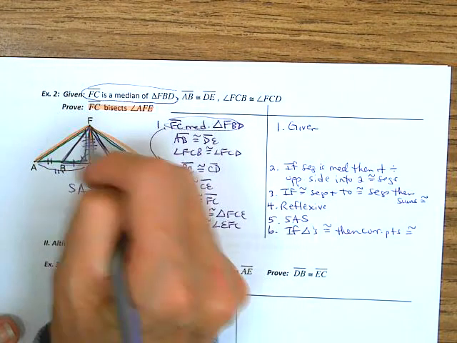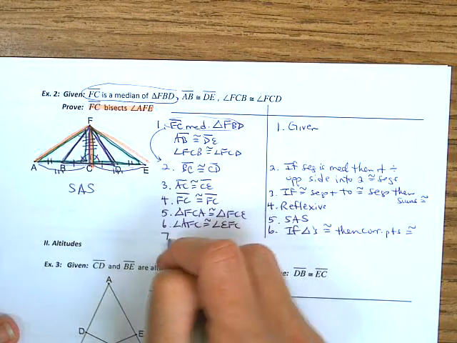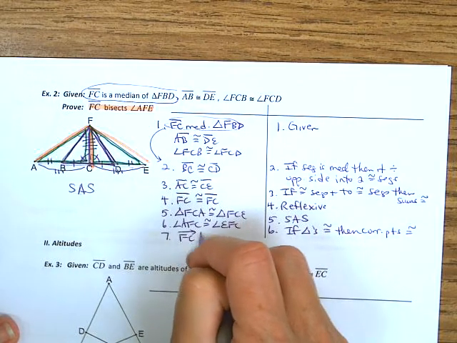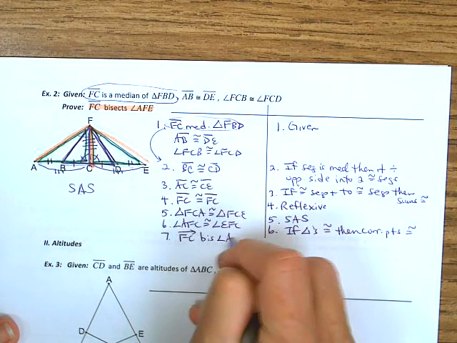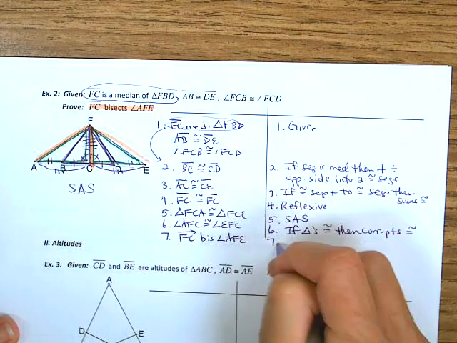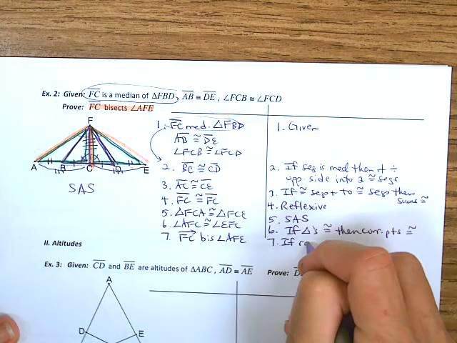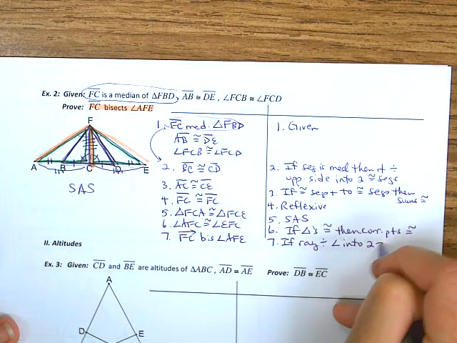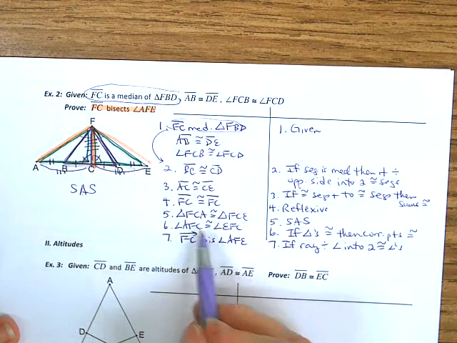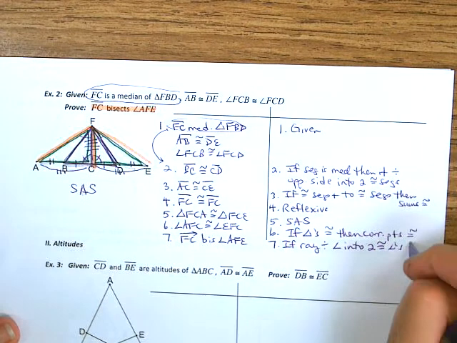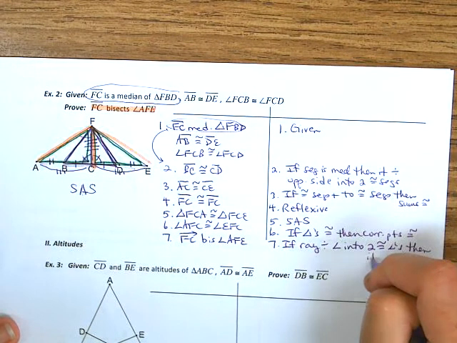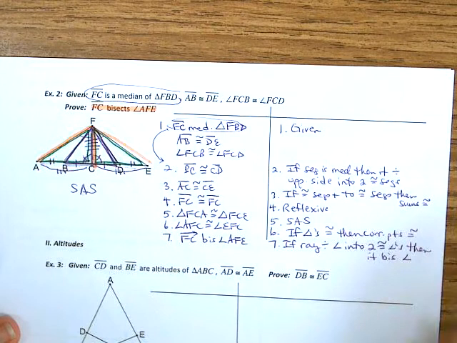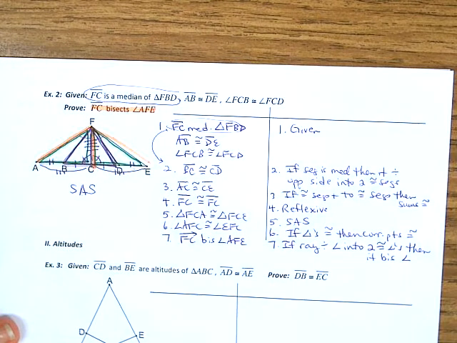So once I have these top angles congruent, I can then say ray FC bisects angle AFE, because if a ray divides an angle into two congruent angles, that's what I know from my corresponding parts, then it bisects the angle. That's what I'm saying here in line 7.